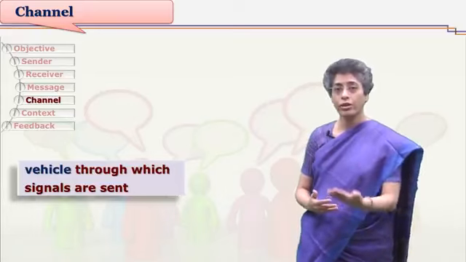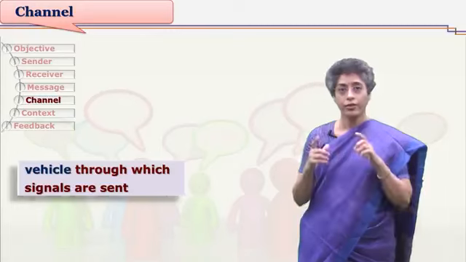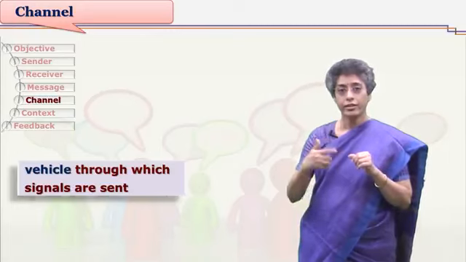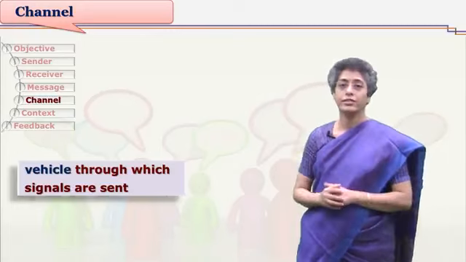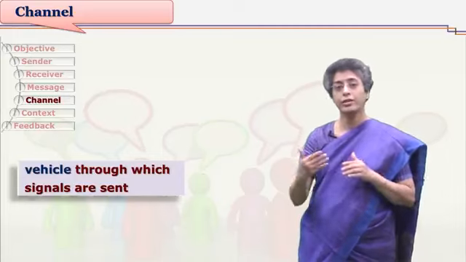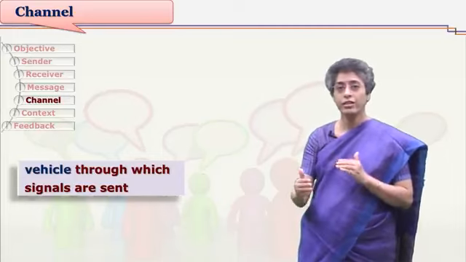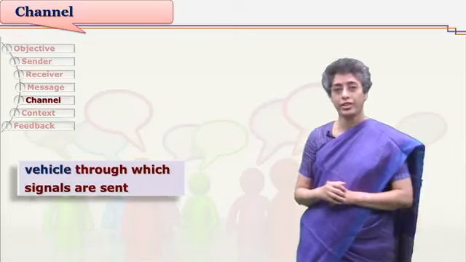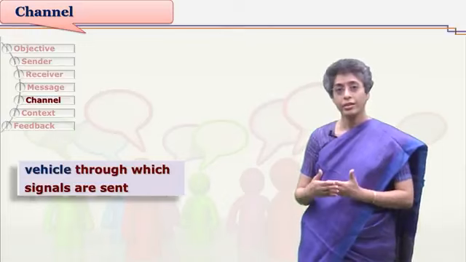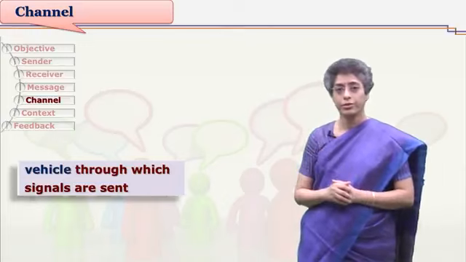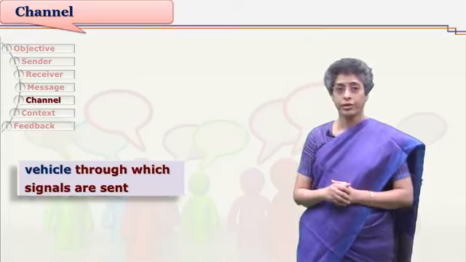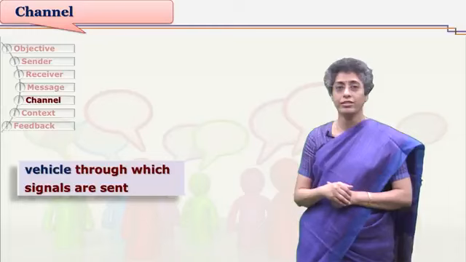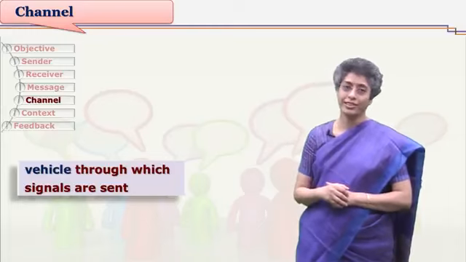Whenever we talk face to face, our voice is carried with the air. So, air becomes a channel, a vehicle to pass on our audio signals. Sometimes we talk over telephone, over cell phone. We send some emails. So, we use various vehicles as channels of communication.